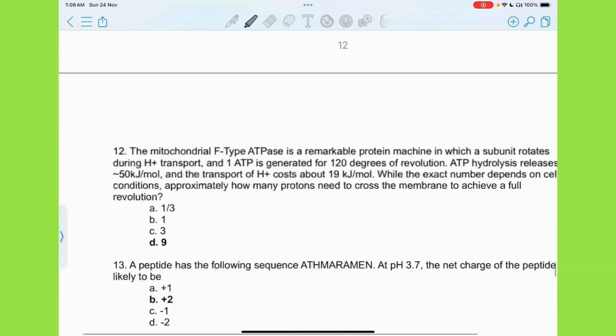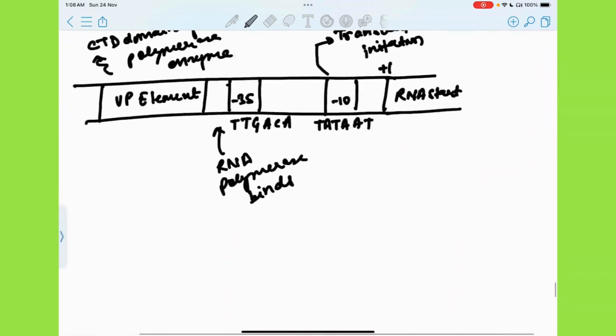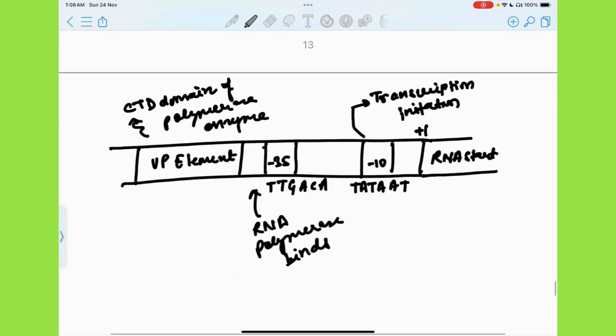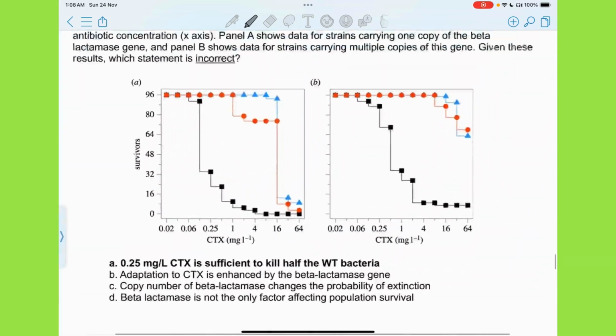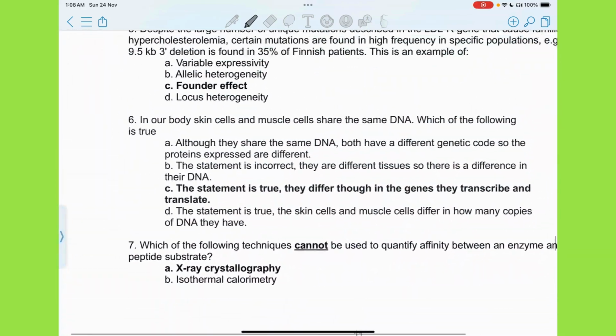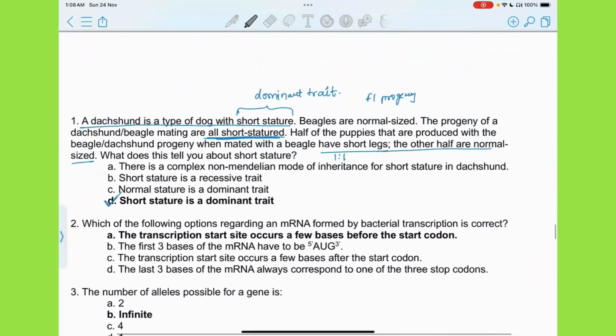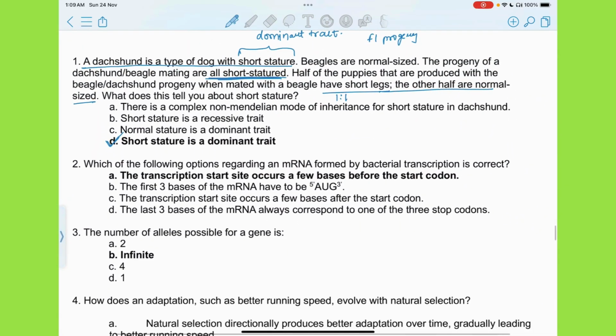Let's go back to the question. So the transcription start site occurs a few bases before the start codon. This is true.